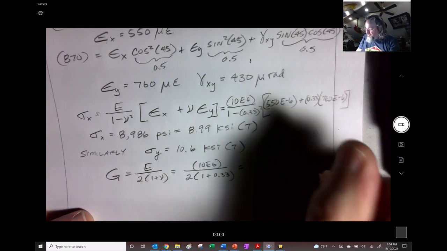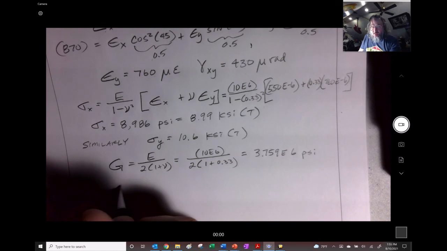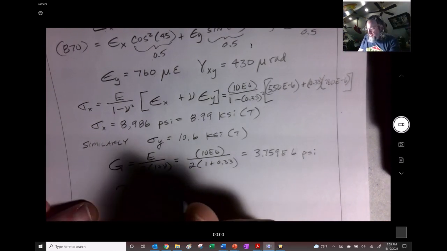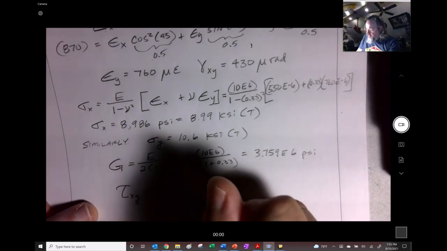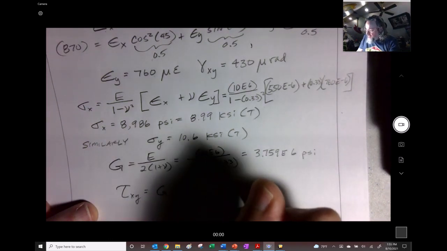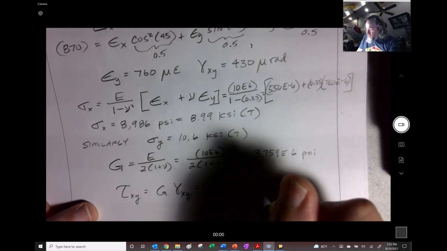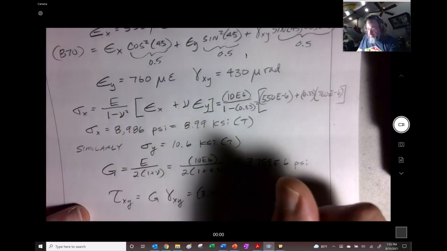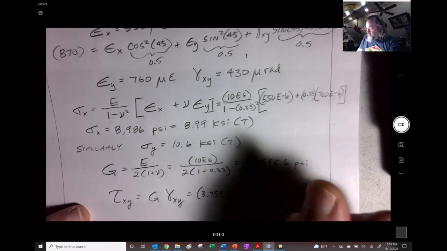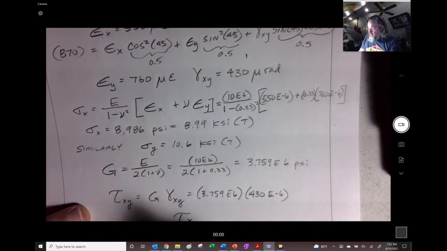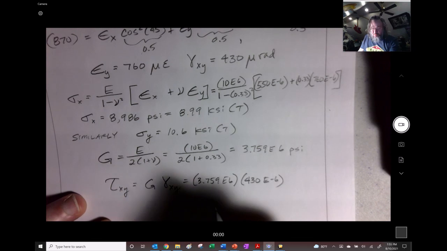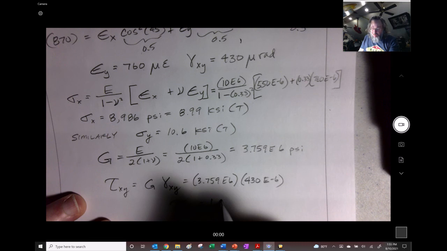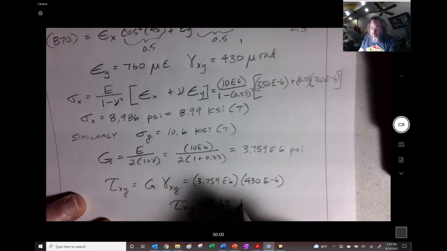These are psi, right? So tau xy is equal to G gamma xy, and 3.759 E6 times our 430 microradians, E minus 6. So tau xy is equal to 1,617, or here, 1.62 ksi.